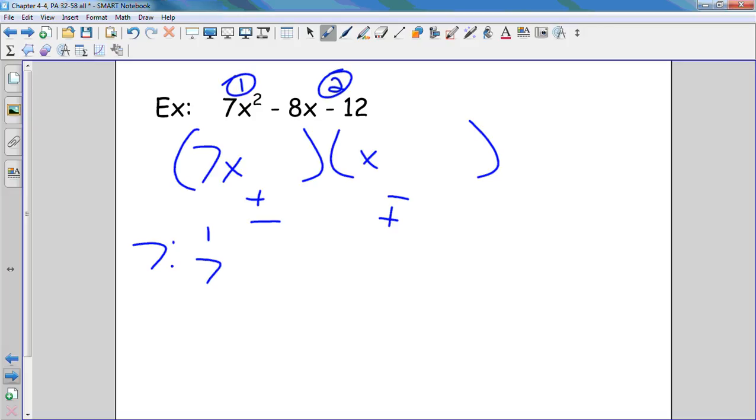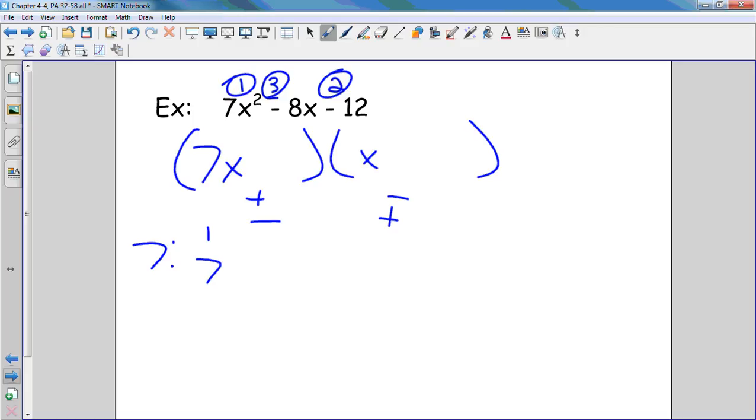You just got to put them there and think to yourself, okay, what can I multiply by 7 and take the difference of to get negative 8, but also multiply together and get negative 12? It's complicated, okay?